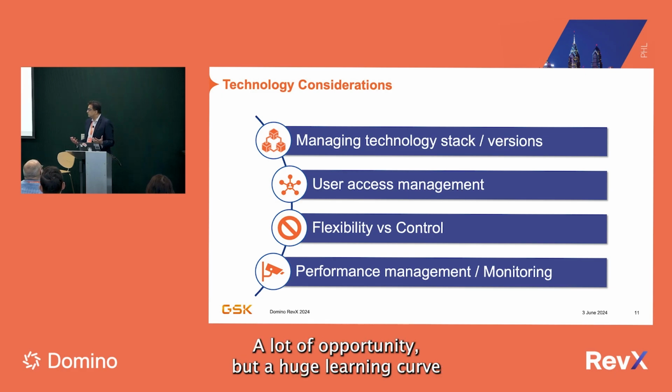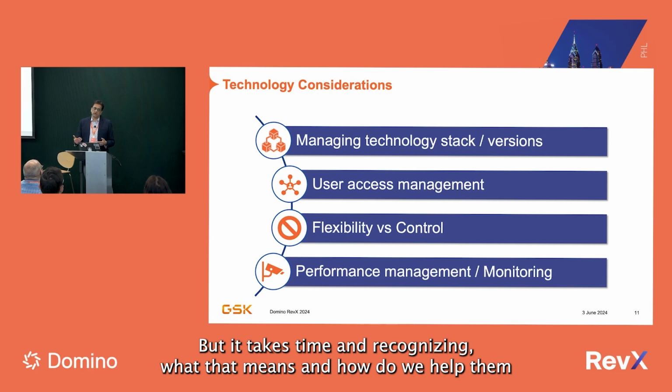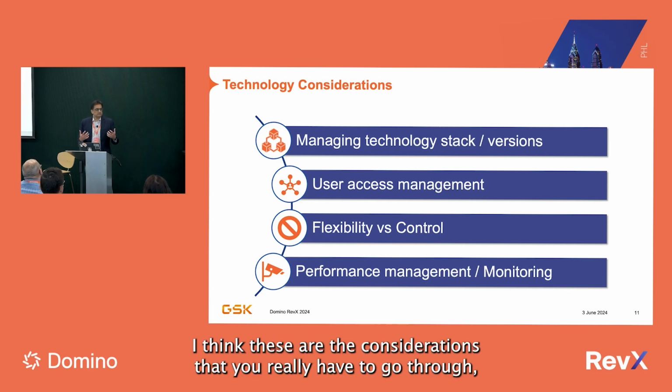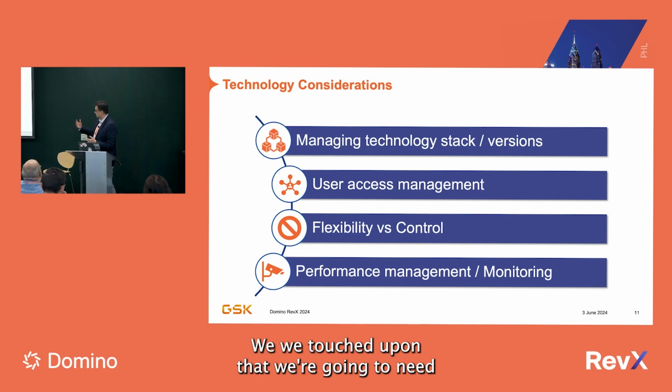There's a lot of opportunity, and a huge learning curve. Once people are over the hump, they probably don't want to go back. But it takes time, and recognizing what that means: how do we help them? What other ways can we make their lives easier, whether it's very well integrated with Domino? I think these are the considerations that you really have to go through, and that's part of the change management. Maybe we'll touch on that a bit later.